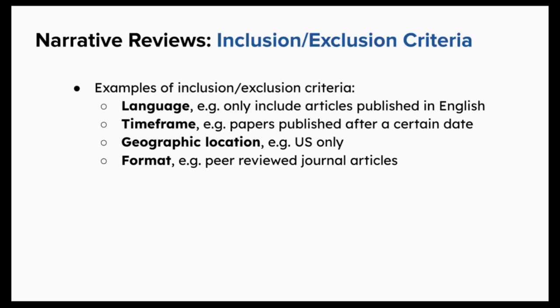So thinking through, do I only want to publish what is accessible via peer-reviewed journal articles, or am I more willing to grab research from other disparate sources as well?